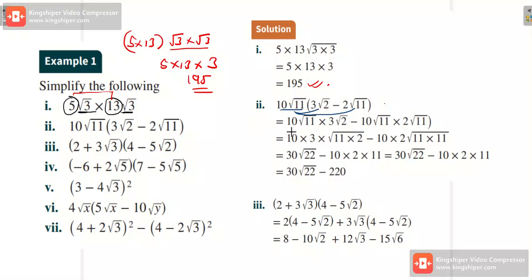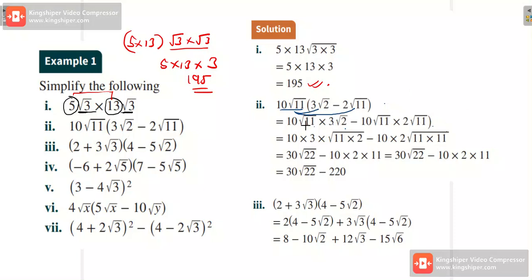So we are going to have 10 root of 11 times 3 root of 2. Then you bring your minus sign, then 10 root of 11 again times 2 root of 11. So here we have applied the distributive property. That is, multiplication is distributive over subtraction, and that is what we have applied here.